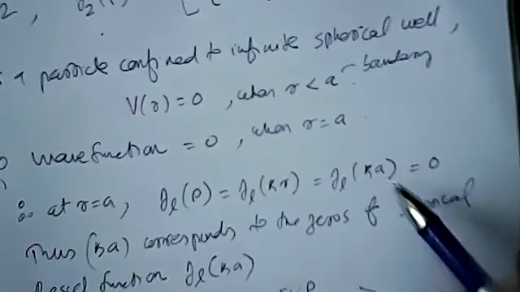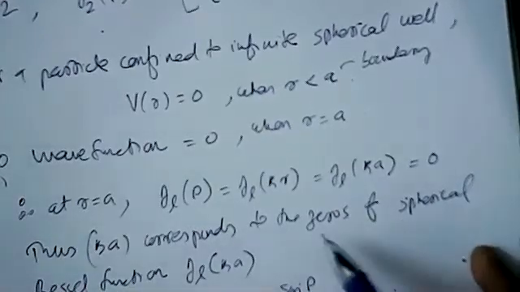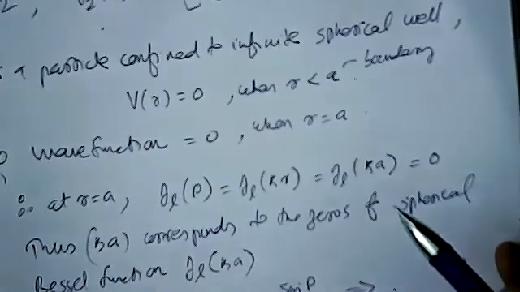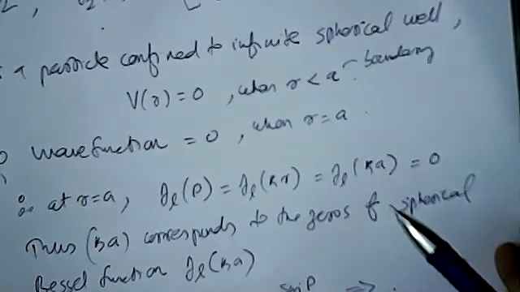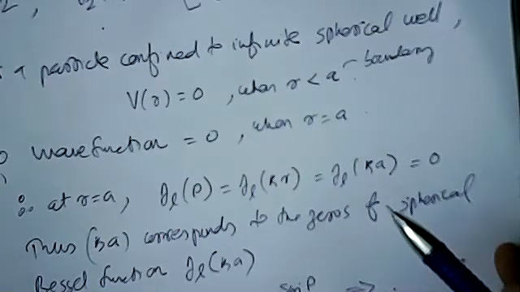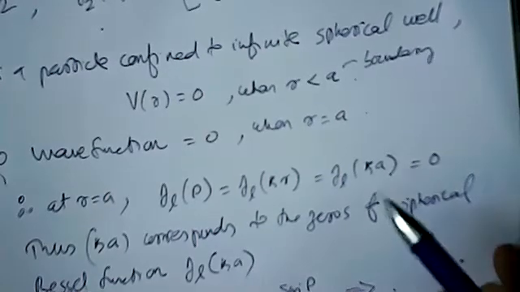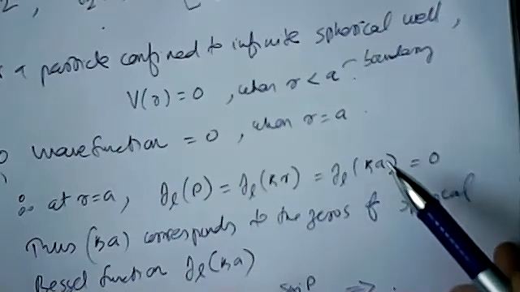Zero means, I think you know, when the graph crosses the x-axis, that is a zero. So ka means they are the zeros of the wave function.